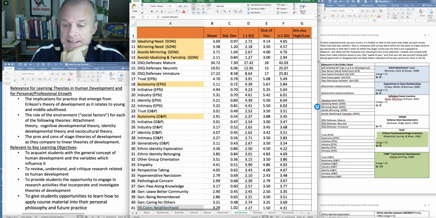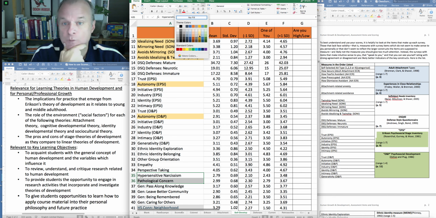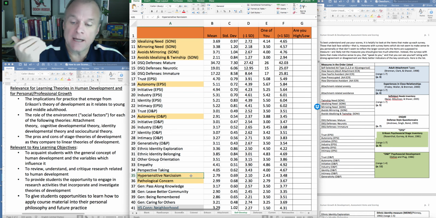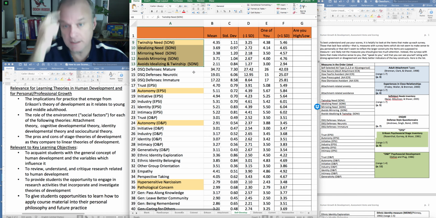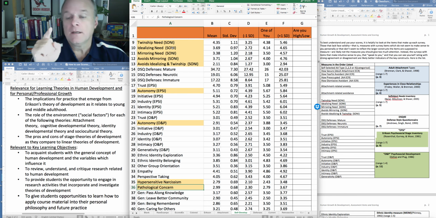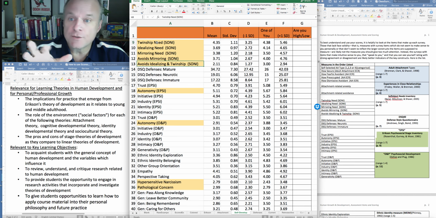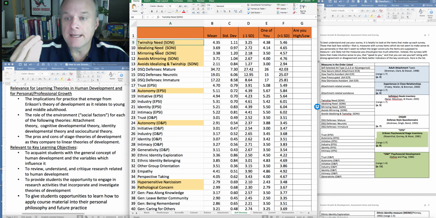And yes, in fact, these two measures here are about what happens when autonomy is not appropriately developed, and hypersensitive narcissism and pathological concerns are constructs in adulthood that stem from problems of self-object needs, which is why you'll see the description in the articles on these related to needs for mirroring and idealizing and twinship, self-development needs that occur early in life.